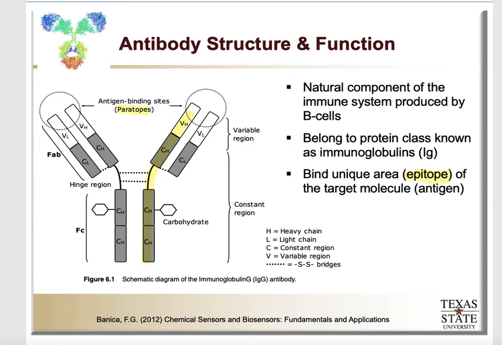So that light chain obviously is going to include both a variable region as well as a constant region. And those two parts get repeated on both sides. Now, the last thing that I wanted to mention in terms of the structure of the antibody is that this bottom part is known as the Fc region, and that region is the part that is recognized by the immune system.